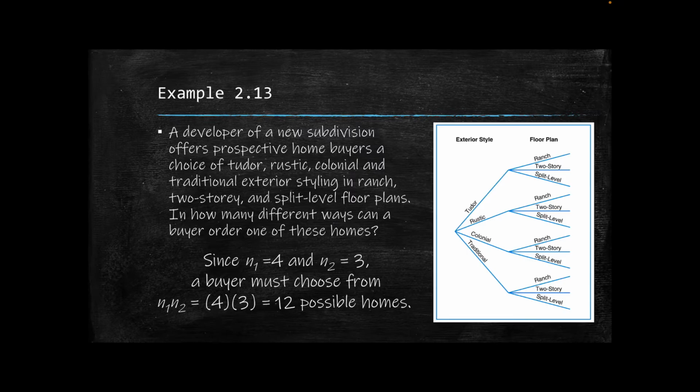So this tree diagram yields n1 times n2 equals 12 choices of homes given by the paths along the branches.